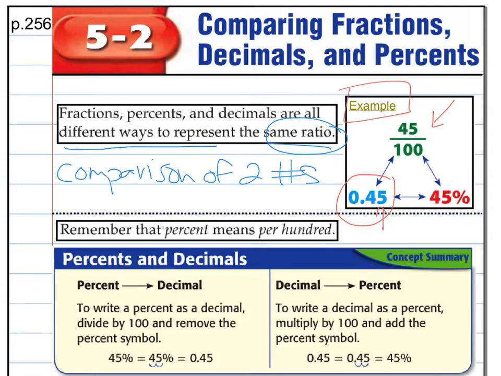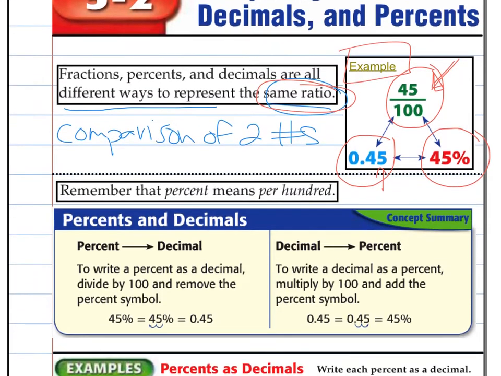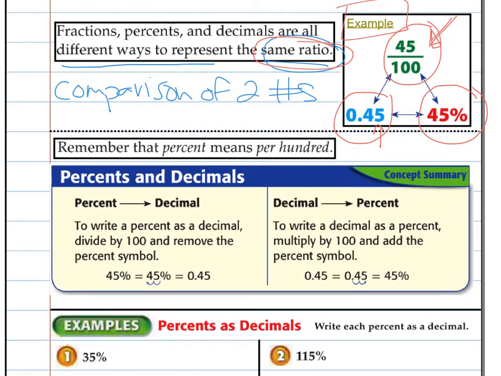Notice how it ends in the hundredths place. Since it's 45 out of 100, or 45 per 100, that's the same as 45%. So all of these are the same thing. They are different ways to represent the same ratio. Again, remember, percent means per 100, per cent, or 100 cents in $1.